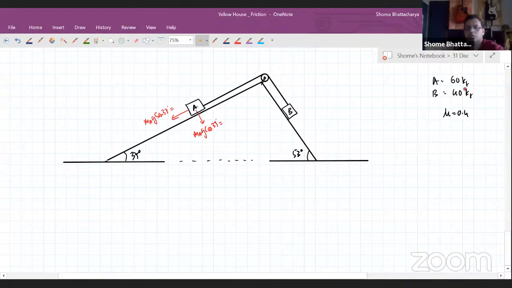We'll work this out. So 600 into sine 37, so that's 0.6. So this will be 360 newtons. And this will be 480 newtons. Okay. So here the normal reaction will be 480 newtons. Okay. But first let's work out the components of this one's weight.